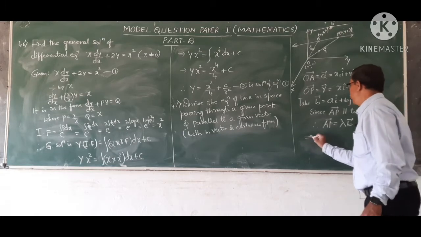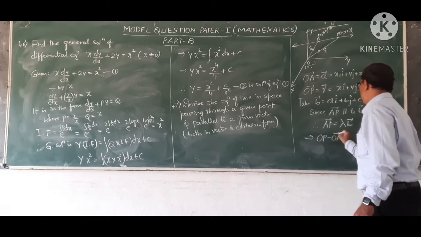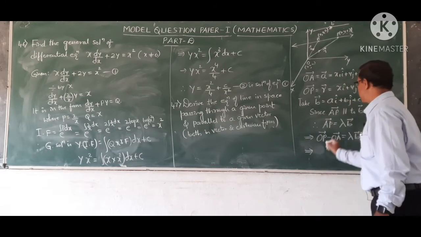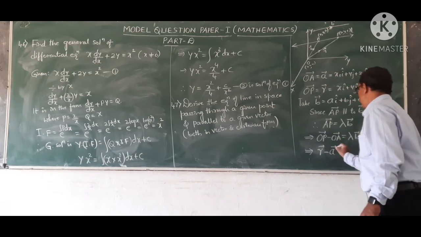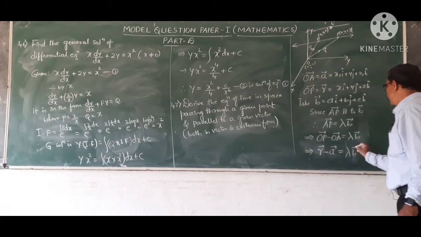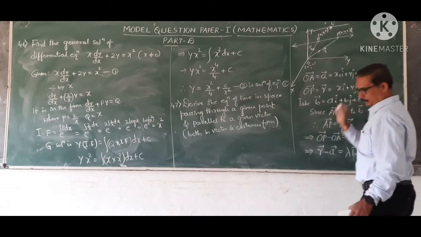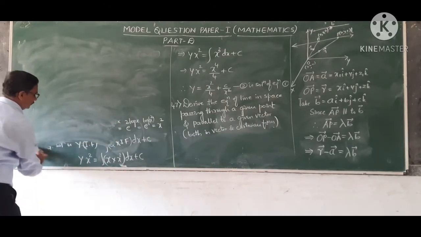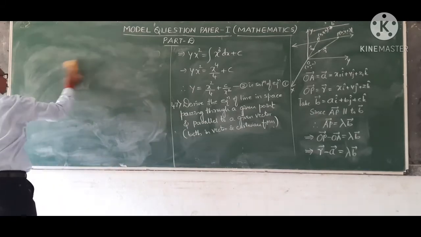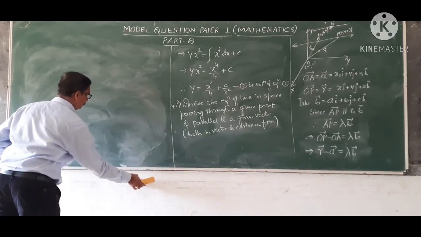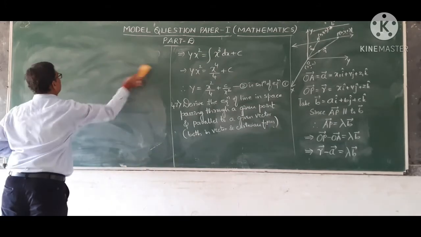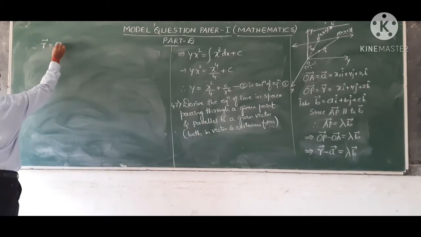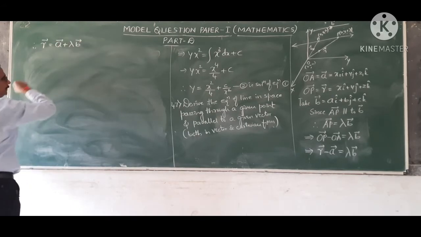Okay, but AP using position vectors we write OP minus OA is equal to lambda into B. OP is the position vector represented by vector R, OA is the position vector represented by vector A, is equal to lambda into vector B. Okay, therefore vector R is equal to, rearranging, A plus lambda into vector B. Correct?